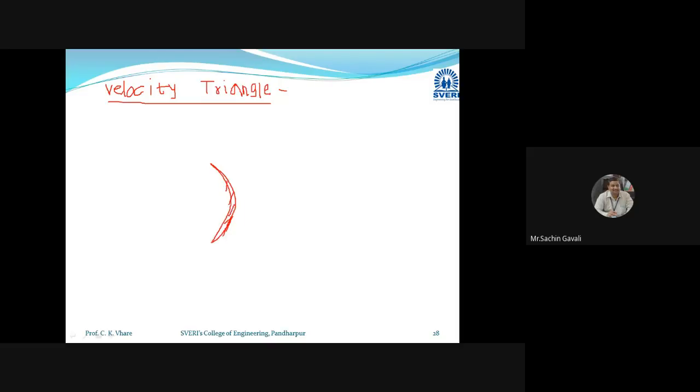This is a section of the blade or vane. Now let us consider this as a nozzle, and from this the water is coming in this direction.